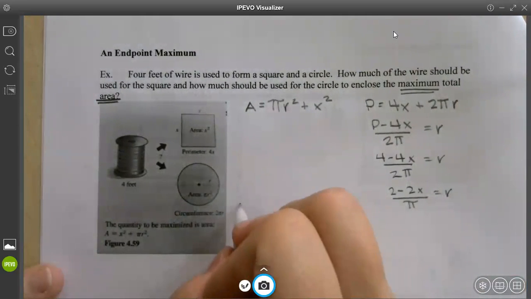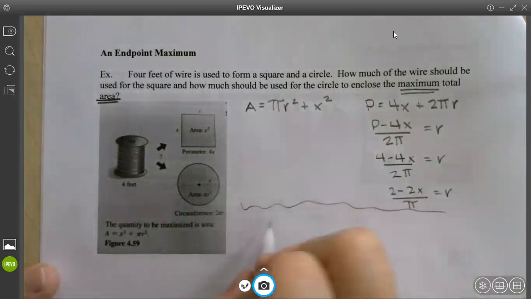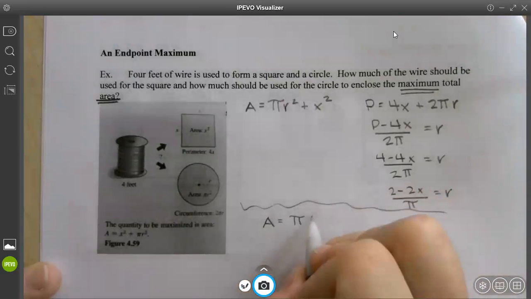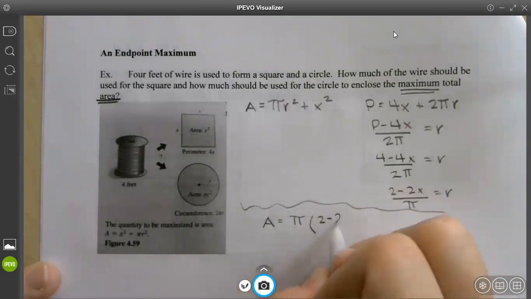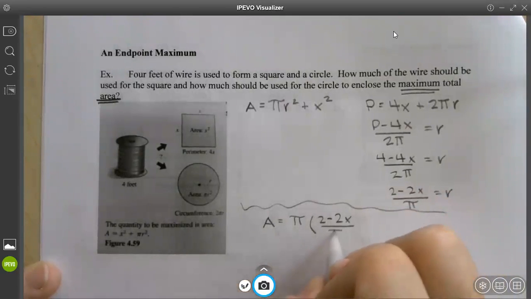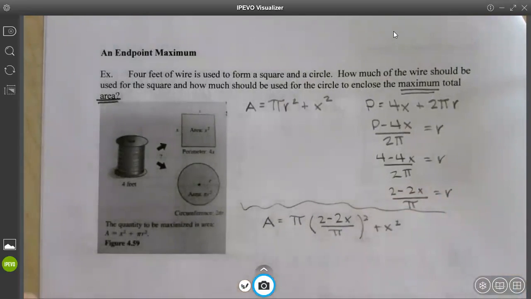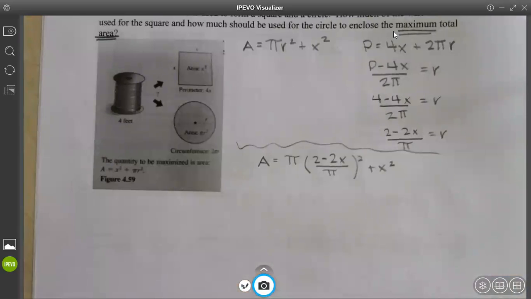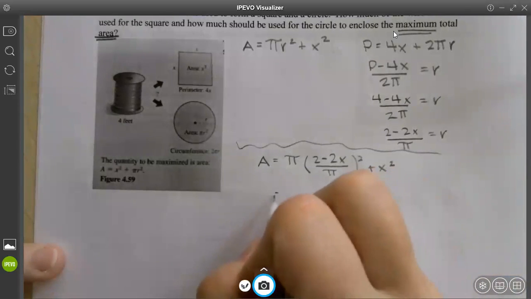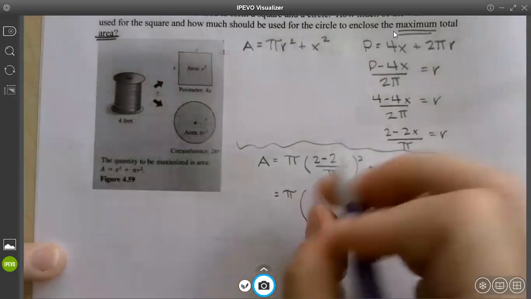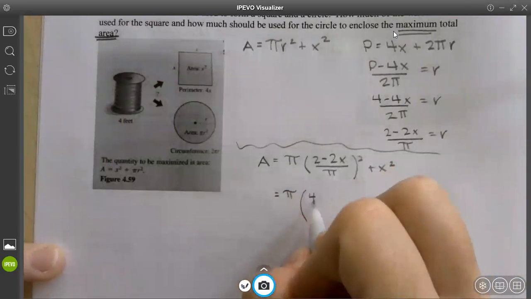All right, so now we're going to change our area formula. Pi times, instead of r, we're going to have 2 minus 2x over pi squared, and then we're going to have x squared. I'm going to leave this pi for a minute. Up here, I'm going to square this. 2 squared is 4.